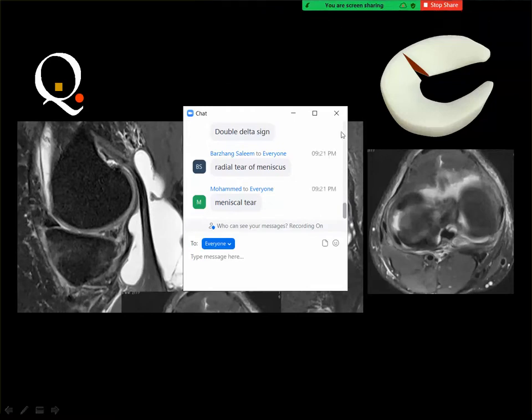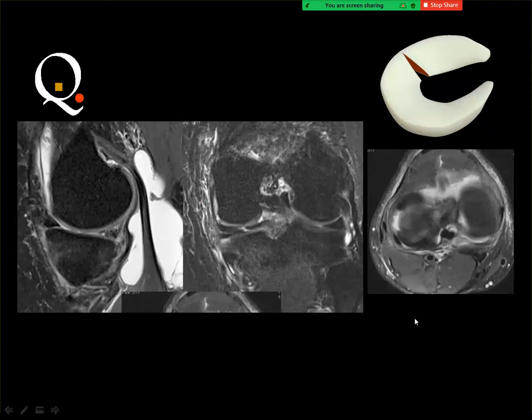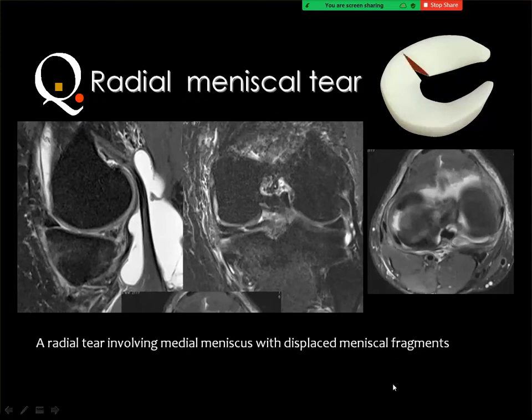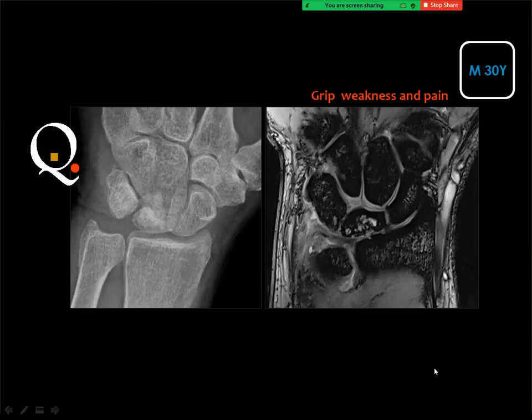Yes, and then this is the radial tear of the meniscus, and if you look carefully in the axial image, you can see the defect which corresponds to this area, and then this is the medial meniscus, and you can see the defect which is filled by fluid, and this is the radial tear of the posterior horn of the medial meniscus.